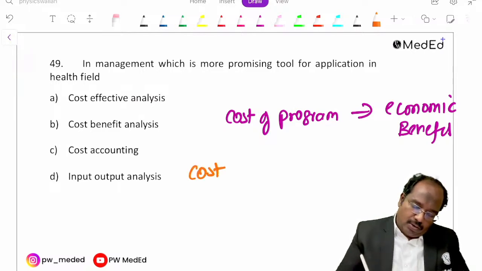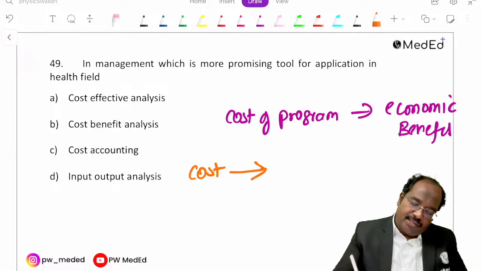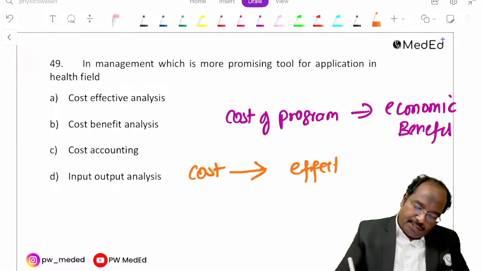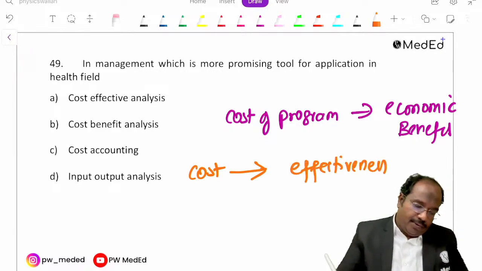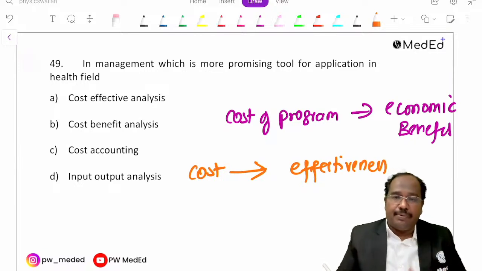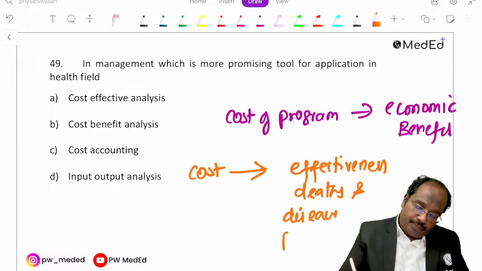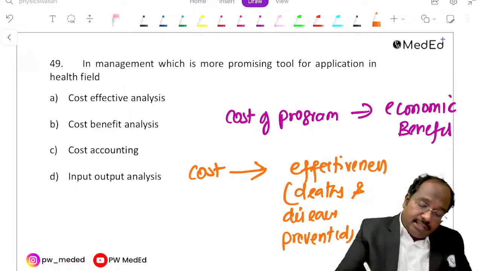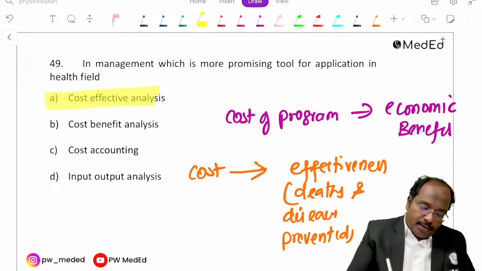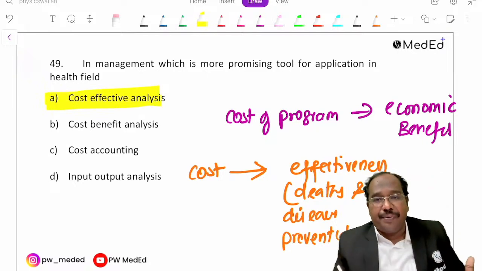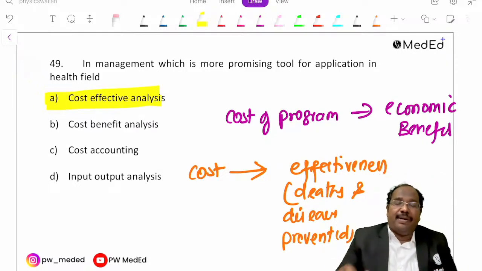Cost is compared with the effectiveness. Effectiveness in terms of what? Deaths and diseases prevented. This is more effective when compared to cost benefit analysis.